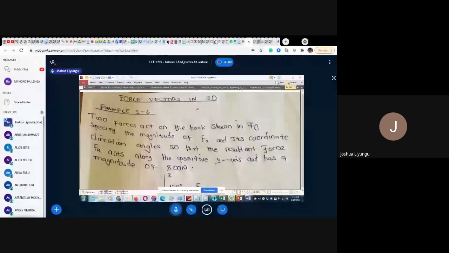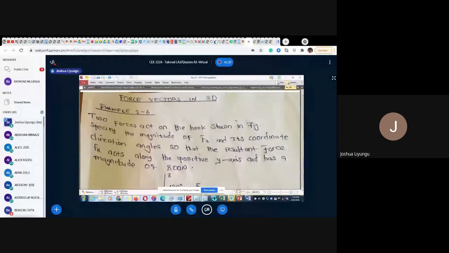Two forces act on the hook shown in the figure. Specify the magnitude of F2 and its coordinate direction angles so that the resultant force FR acts along the positive y-axis and has a magnitude of 800 Newton.